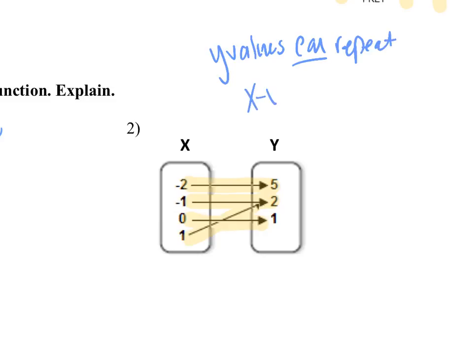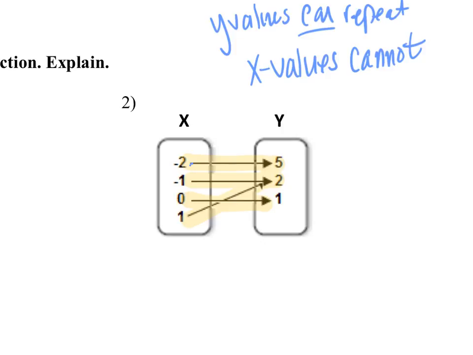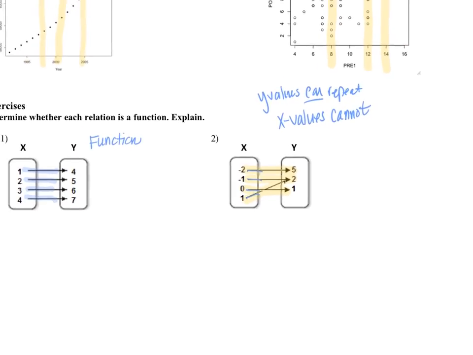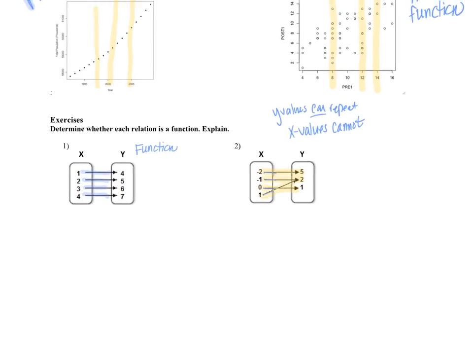It's your x values that cannot. Okay, so there's still only 1 arrow coming out of every x value. So we're good. None of those repeated. Your x values can't repeat, your y values can repeat.